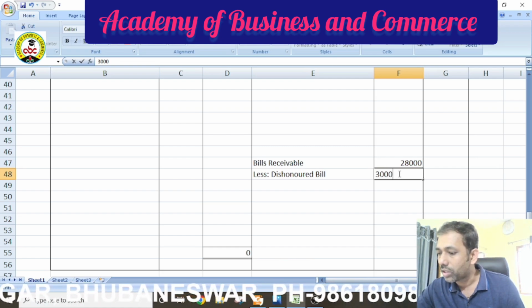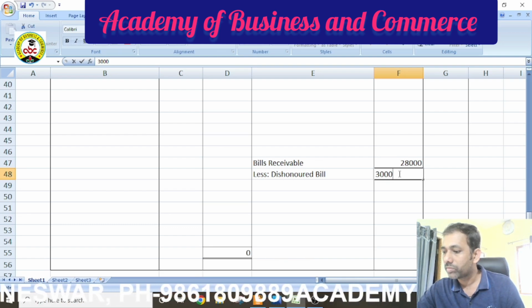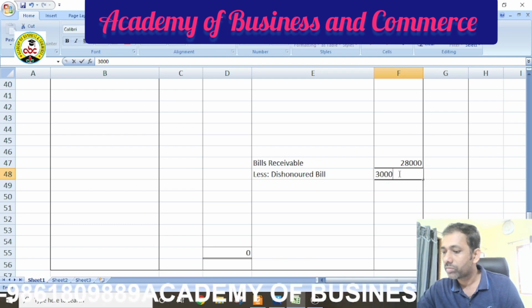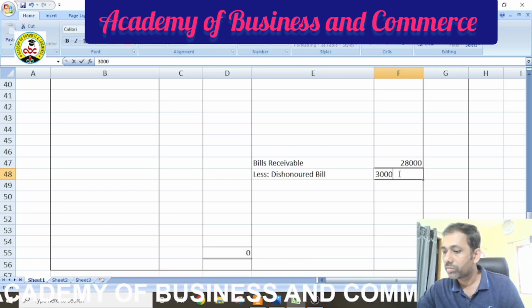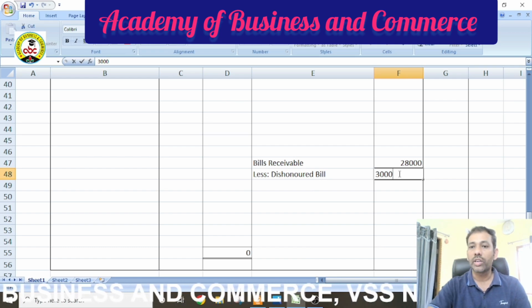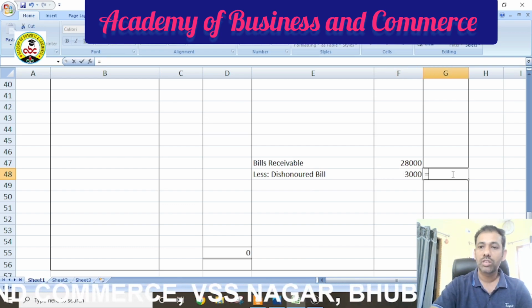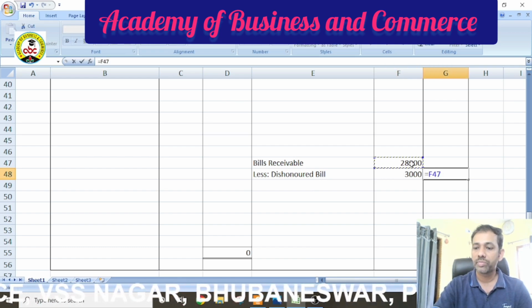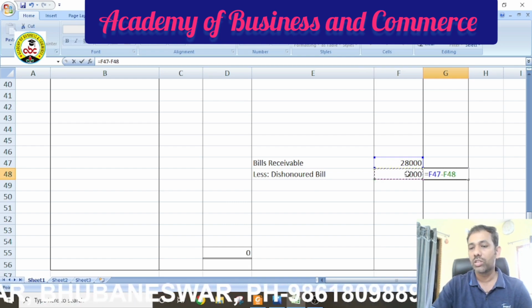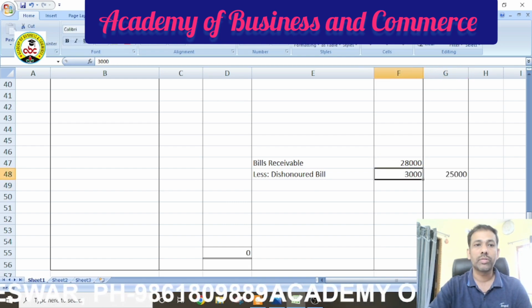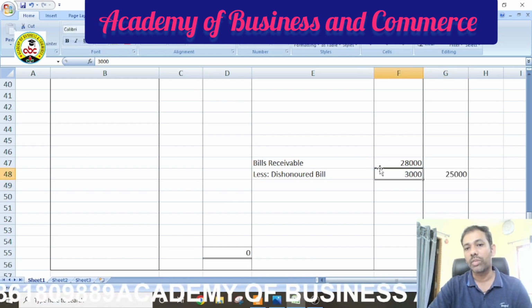In the outer column we take 28,000 minus 3,000. The answer is 25,000. So this second item's adjustment is done.